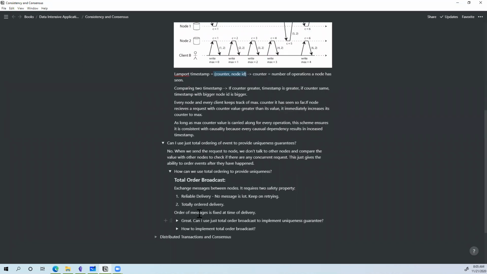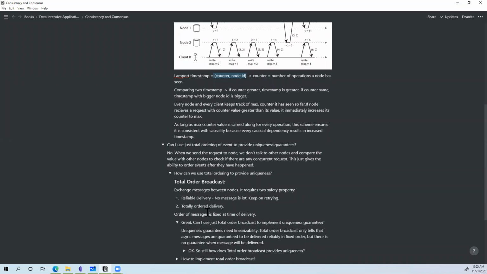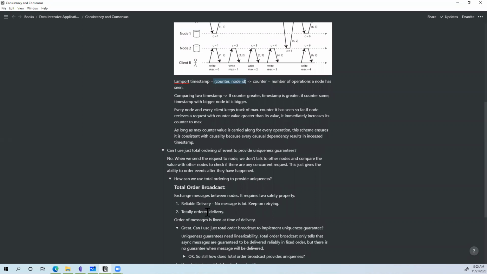So can we use just this total order broadcast to implement uniqueness guarantees? Again, the answer is no, because uniqueness guarantees need linearizability. That means all nodes should have a consistent, strongly consistent view of the system. Total order broadcast only tells us that these async messages are guaranteed to be delivered reliably and that the order will be fixed.